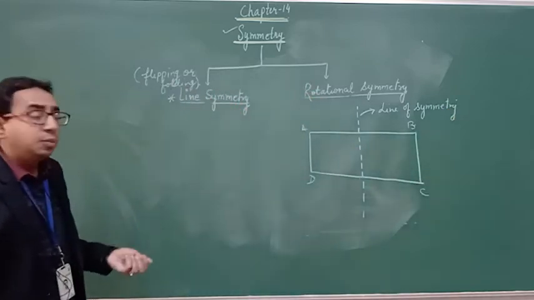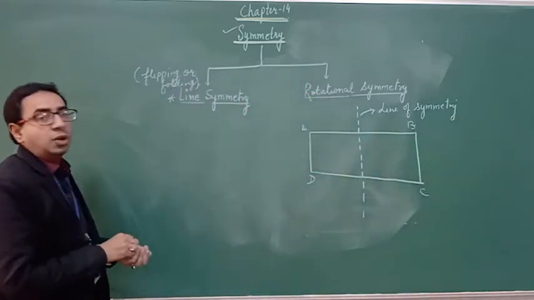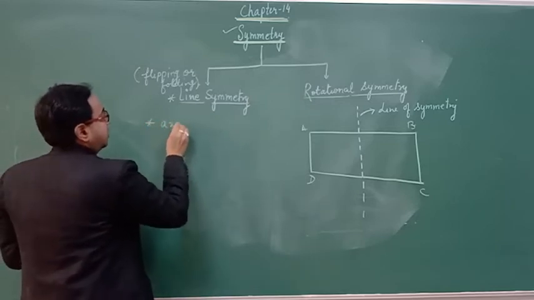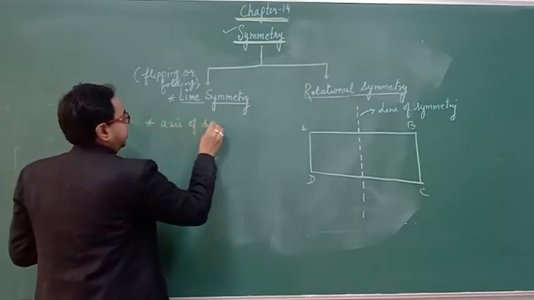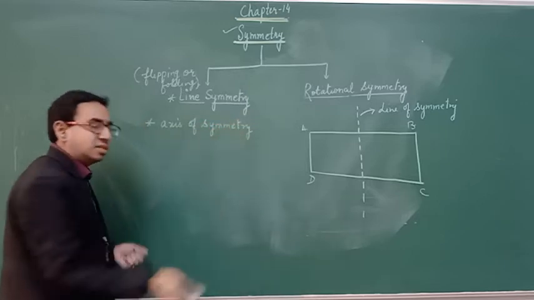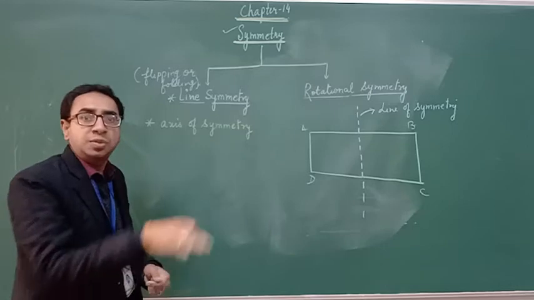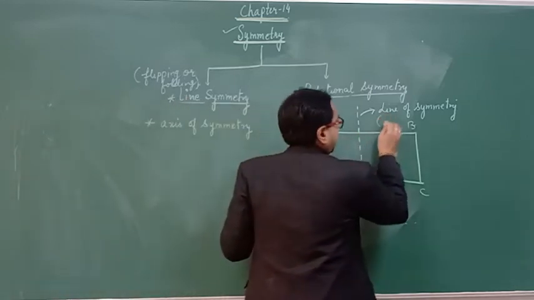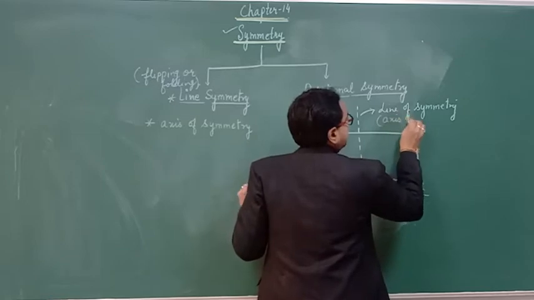This is called line of symmetry. Another name of this is axis of symmetry. Axis of symmetry.